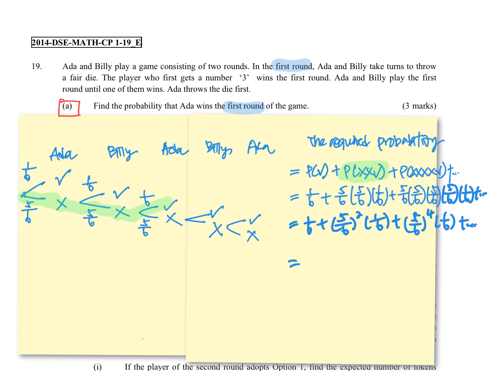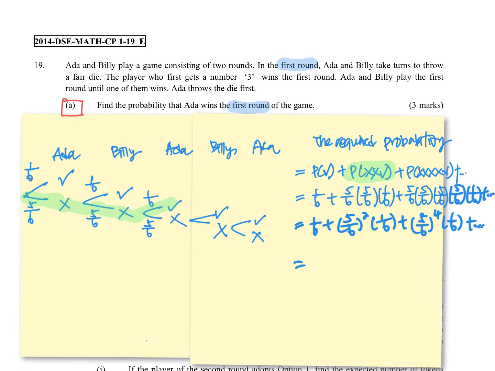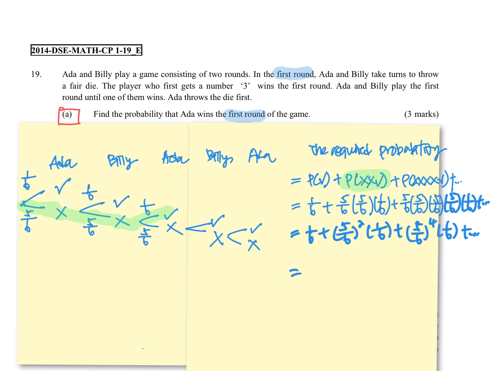So you can see this is a geometric series. So you may describe it as the sum to infinity of a geometric sequence. Right, so that's why in this case, we use a over 1 minus r. a is 1 over 6, of course, and then r would be 5 over 6 all squared.